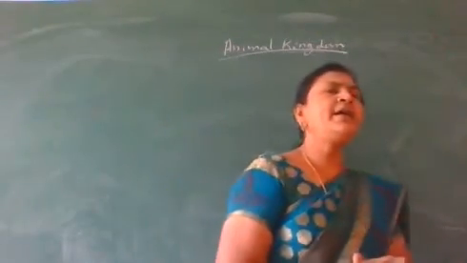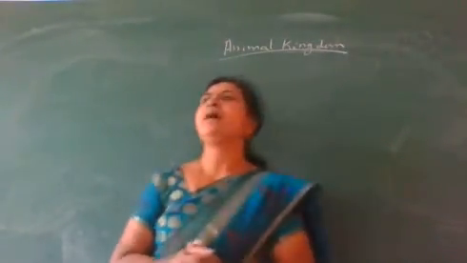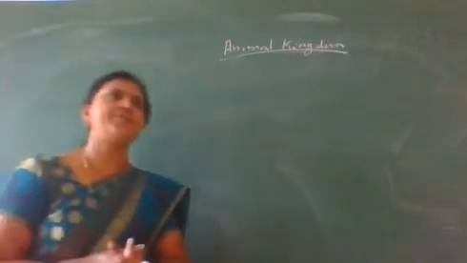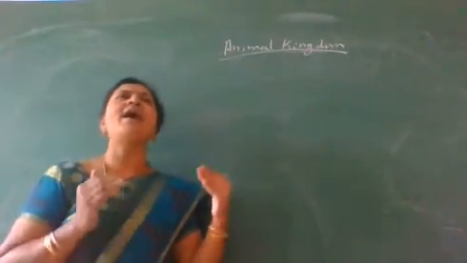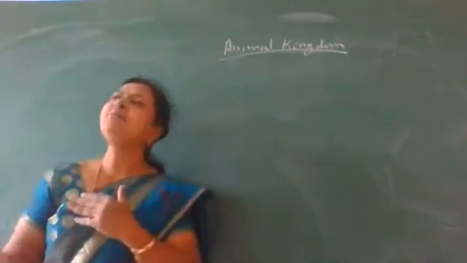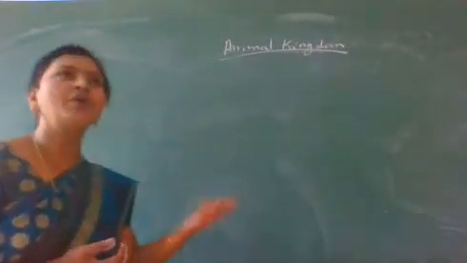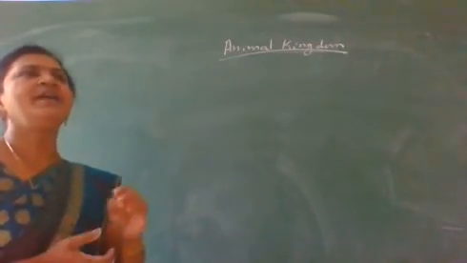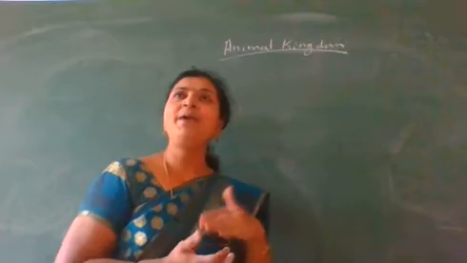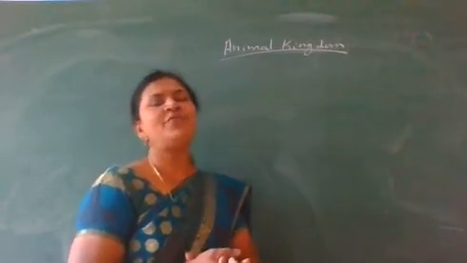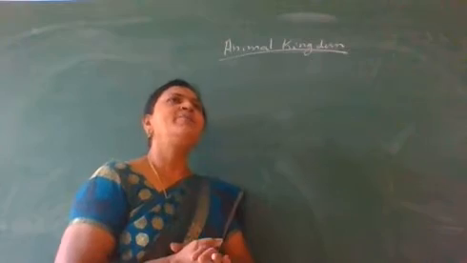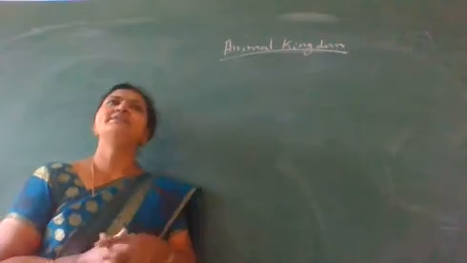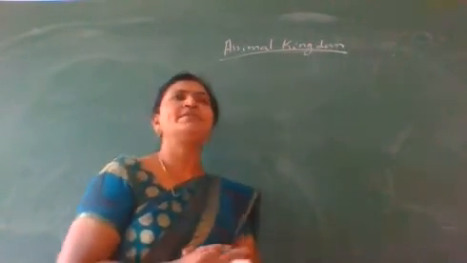It is mainly to assign the animals a systematic position. The scientist can assign the animals into different groups. They can assign a particular species a particular rank based on certain features. That is one of the importance of this classification as well as assigning of the animals.